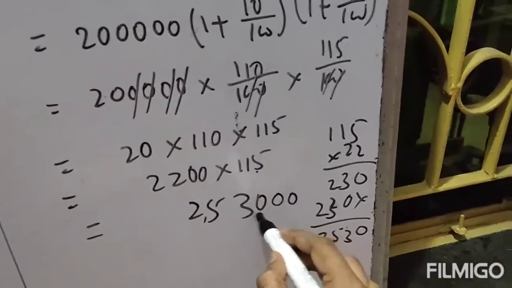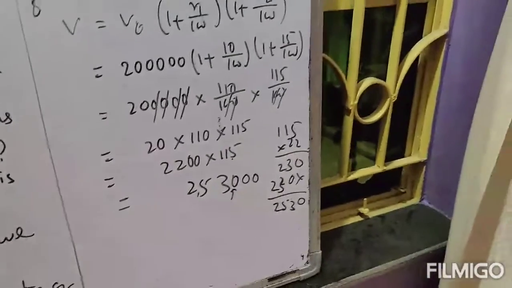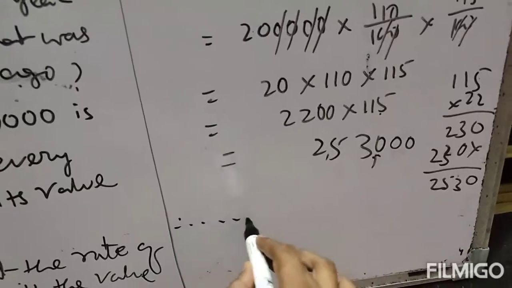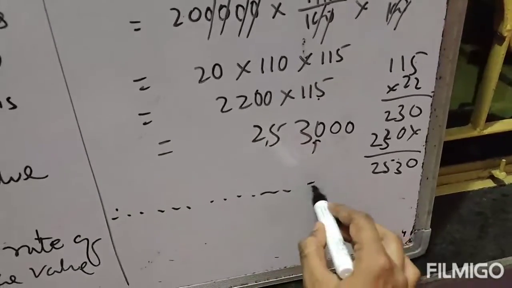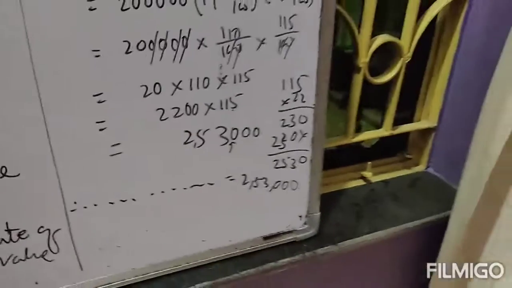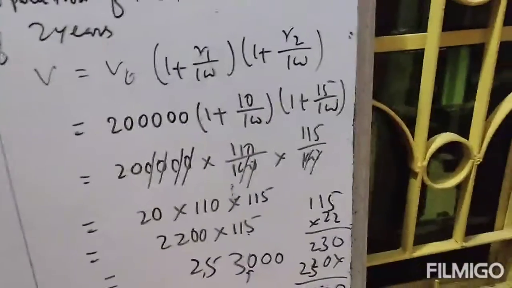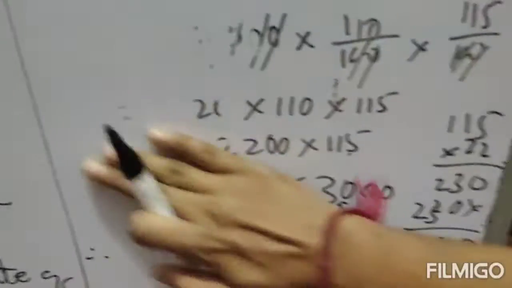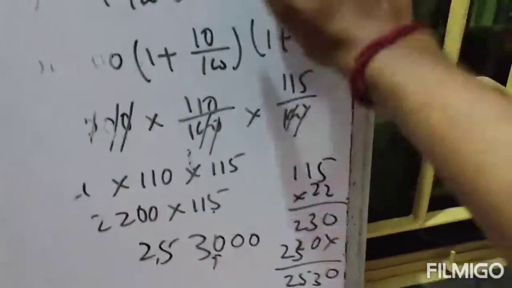So the population after 2 years, or at the end of 2 years, is 2,53,000. This is your answer. So question number 1 is complete. Next, question number 6.